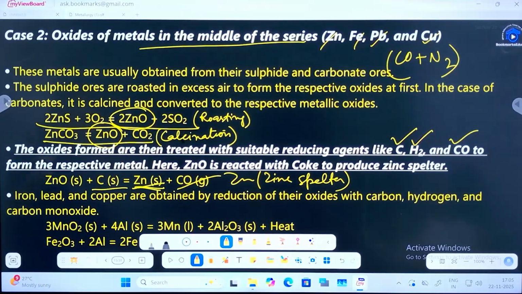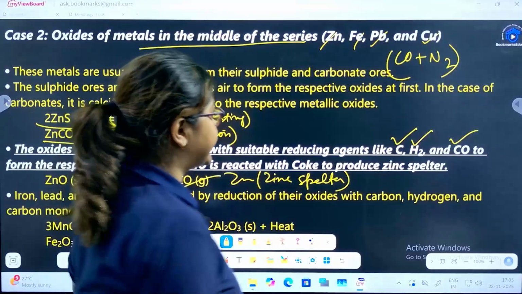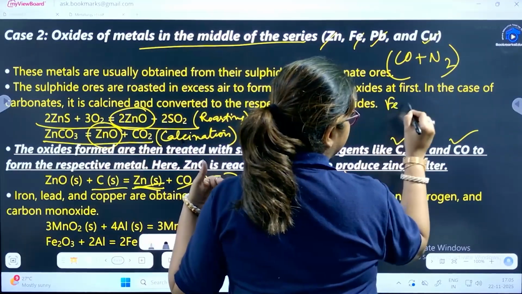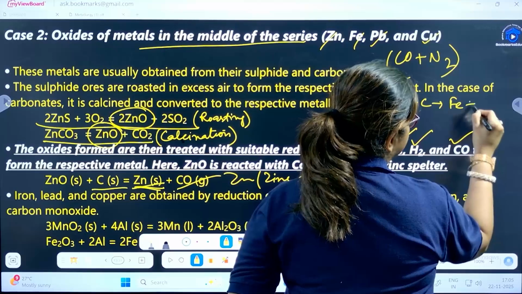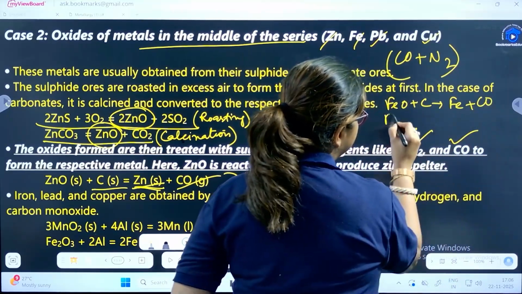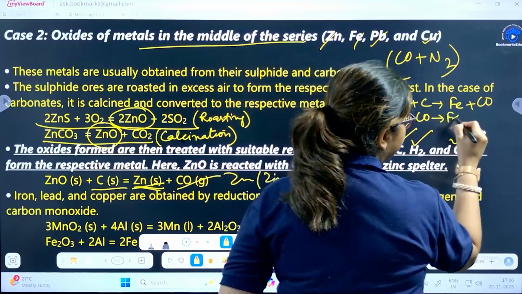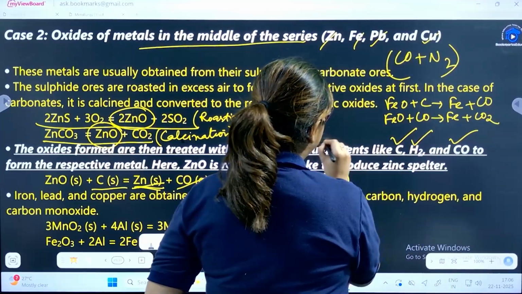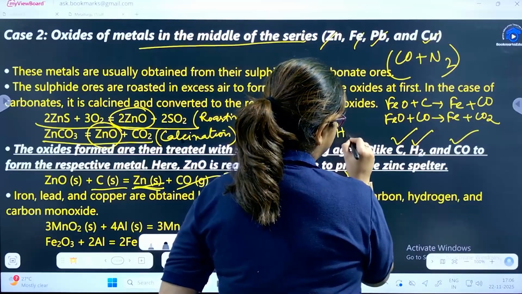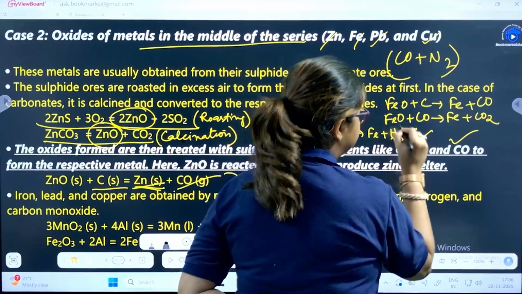Now, sometimes, if you take iron, iron oxide will react with carbon to give iron plus carbon monoxide. Iron oxide can react with carbon monoxide to give iron and carbon dioxide. Iron oxide can react with hydrogen to give iron plus water.